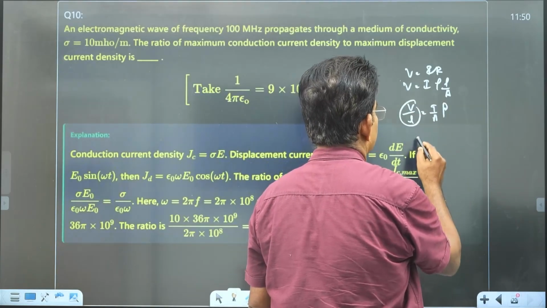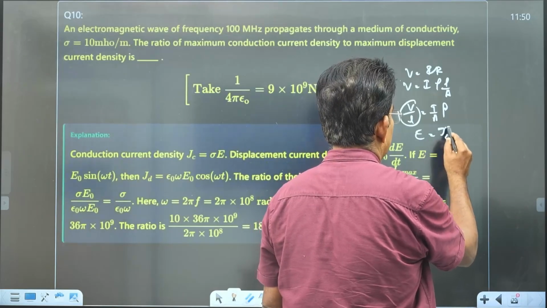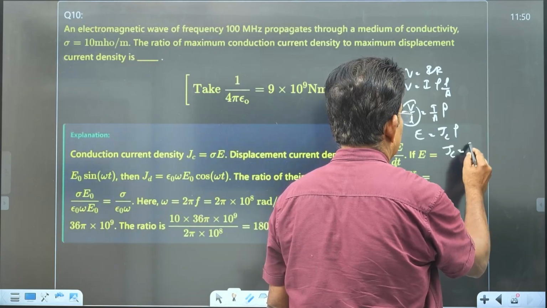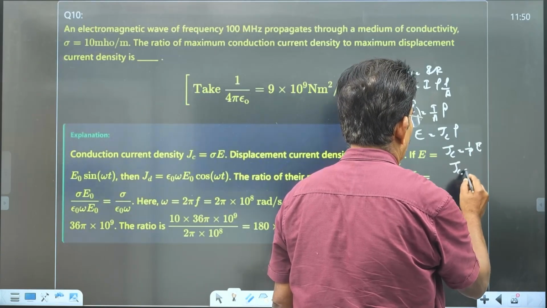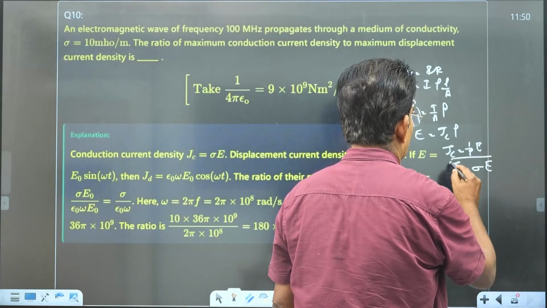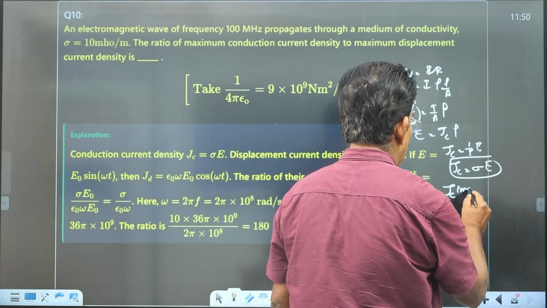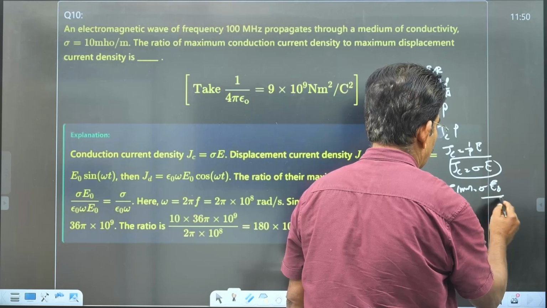V by L is the electric field E, and I by A is the conduction current density. Therefore, conduction current density is given by 1 by rho into E, or sigma into E. Therefore, the maximum conduction current is equal to sigma into the maximum electric field.